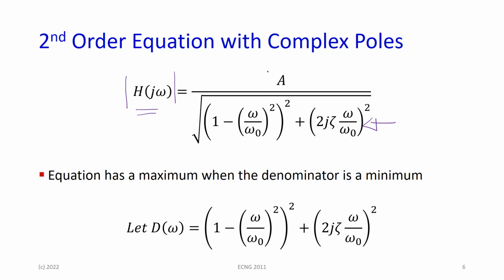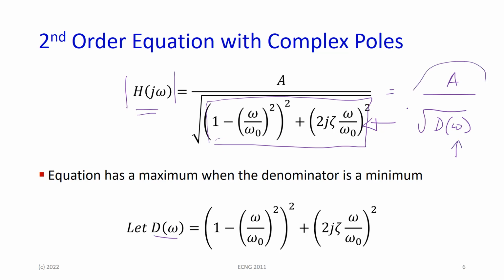So we don't have to worry about anything else. Let's just look at this bit inside of here. I'm going to call that capital D of omega, this bit inside of here. And when this is a minimum, this whole thing becomes a maximum.